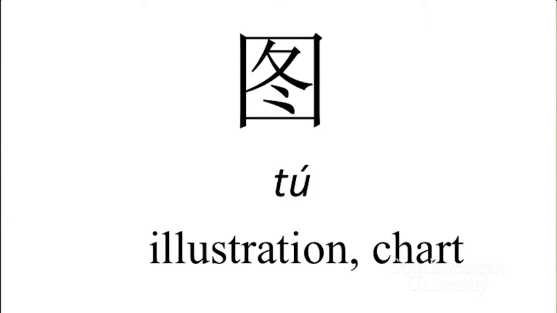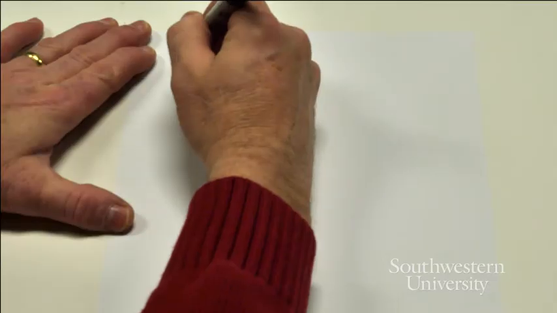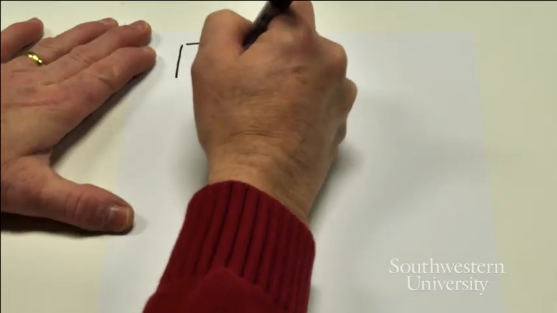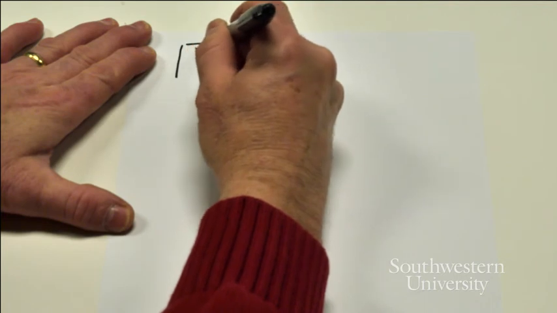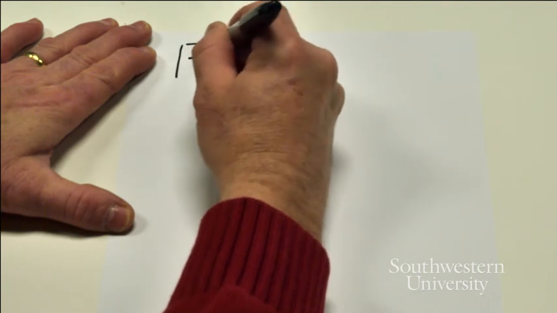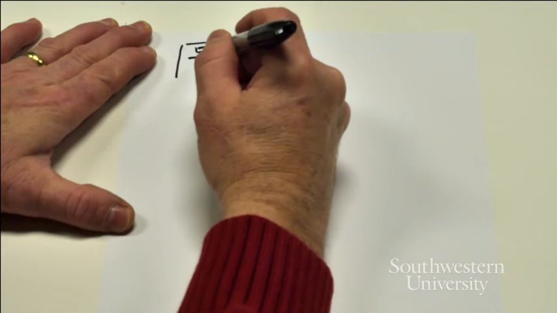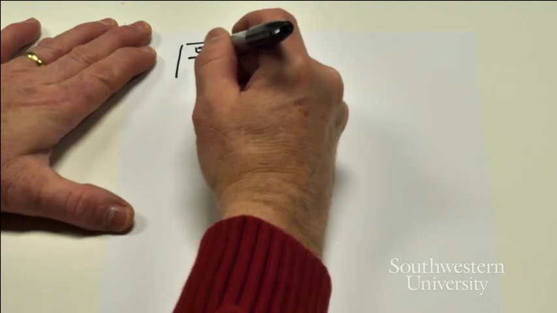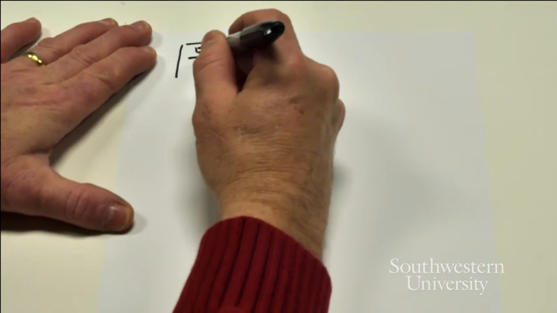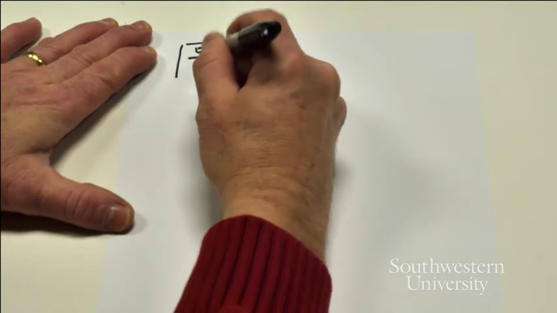The next character, 2. I'll start with the traditional character because it's pretty involved. You've got this border component and then a phonetic on the inside that I think is also a kind of depiction of, there we go.